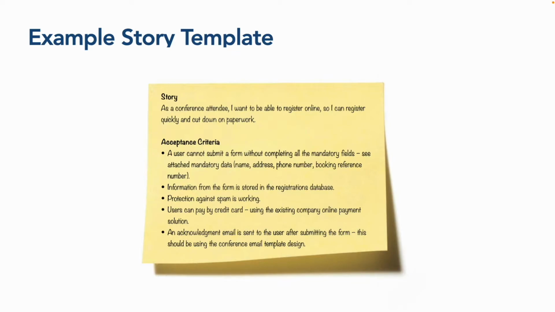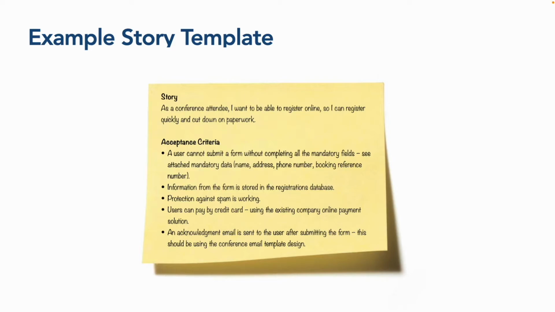So in this example, a user cannot submit a form without completing all mandatory fields, and they've actually specified the different mandatory fields required, so the name, the address, the phone number and the booking reference number. They've also specified that the information from the form needs to be stored in the registrations database. They also mention that protection against spam needs to be working.